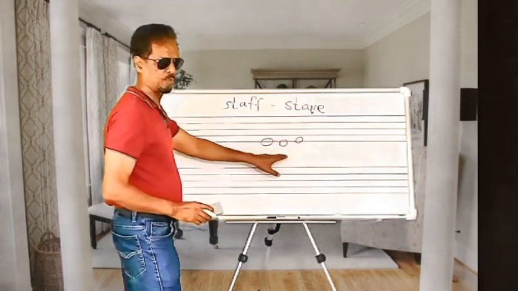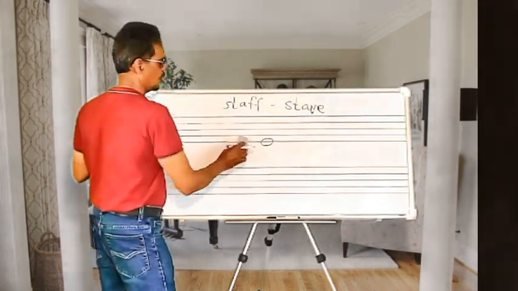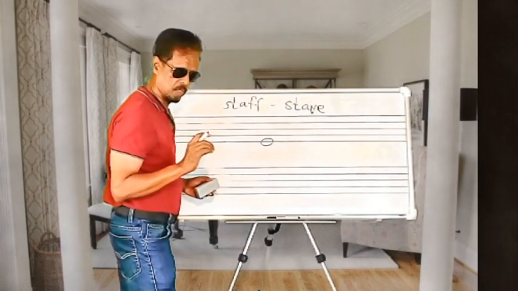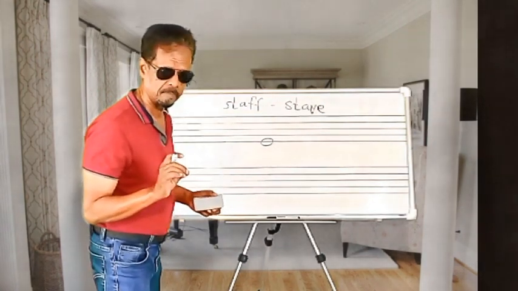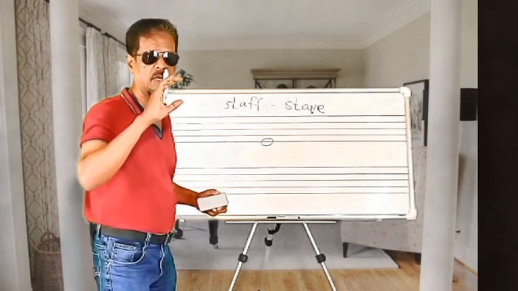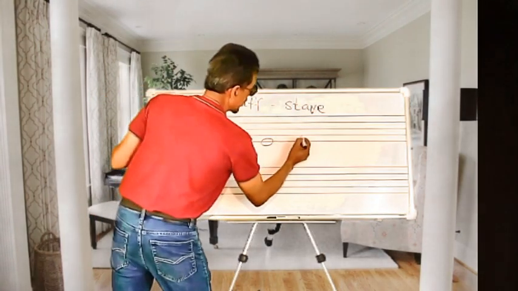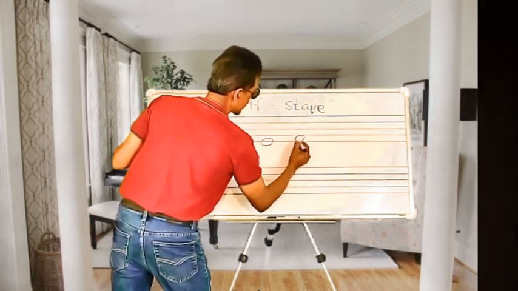This will create confusion. It's wrong. You write it just like this. And when you write a note in a space, it has to fill up the space, meaning it touches the top line and the bottom line. Like this. You write in a space like this.